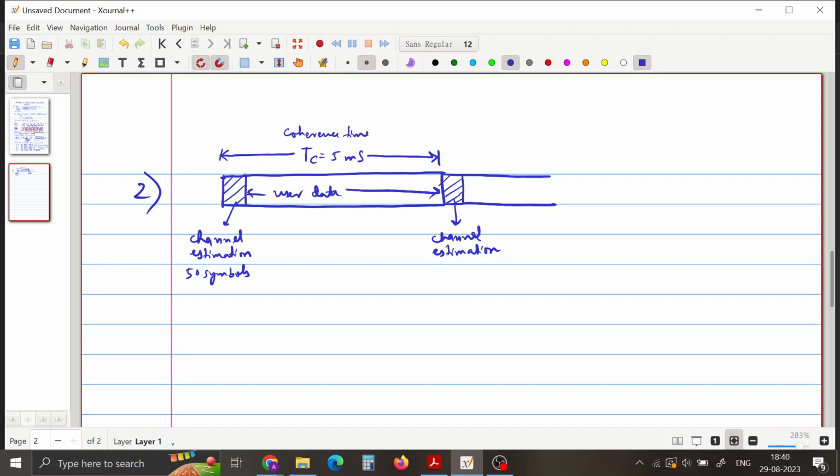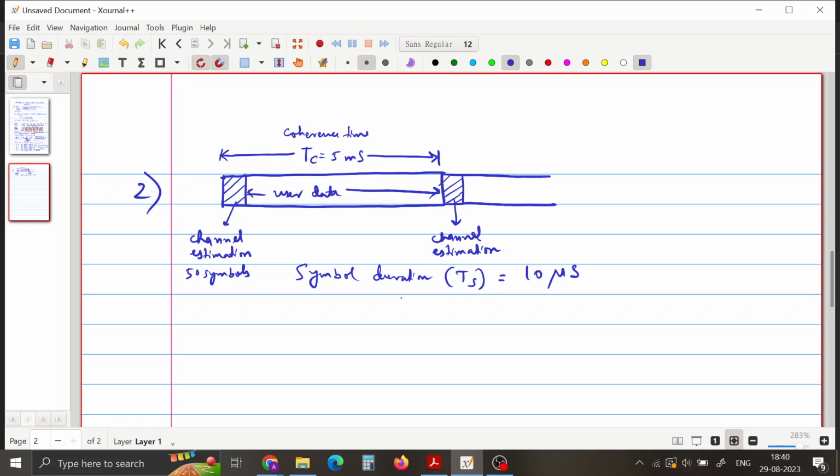Now it is given that the symbol duration, which is denoted by TS, is 10 microseconds. Coherence time I have already written. So the channel has to be estimated after every coherence time.